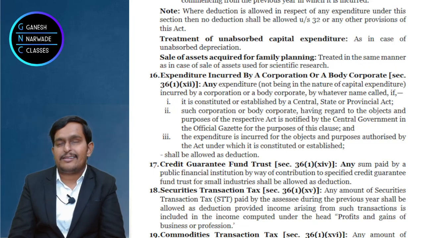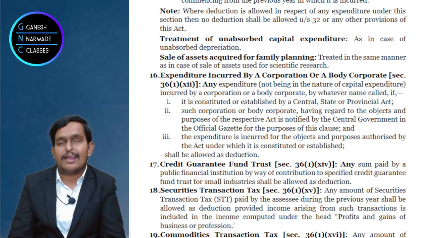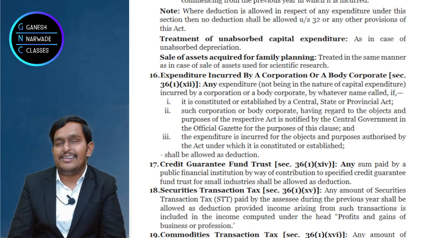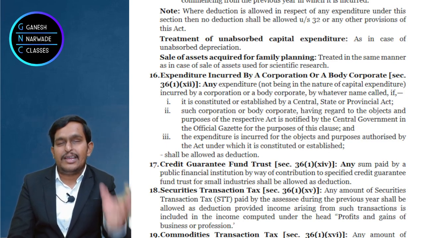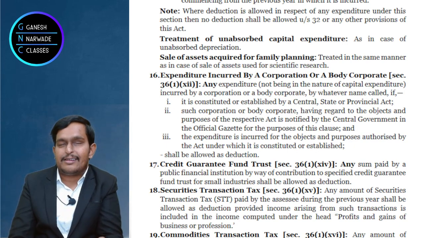So securities transaction tax is under section 36(1)(xv) and commodities transaction tax under section 36(1)(xvi). Obviously you can claim it as deduction only if the income from those transactions is taxable under PGBP. If the income is taxable under PGBP, then taxes paid like STT and CTT will be allowed as deduction, right?